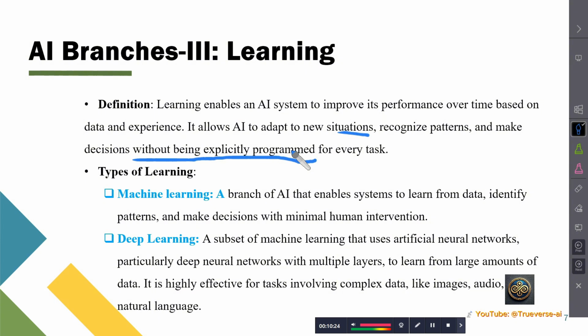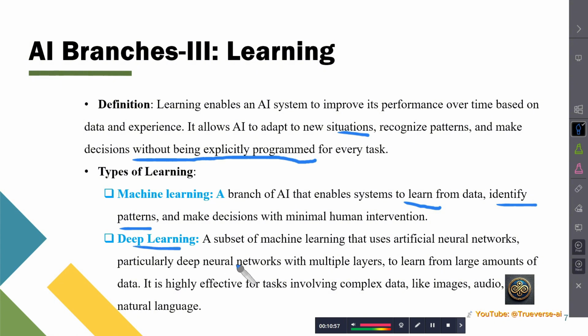So this is the point. The learning is machine learning, deep learning, reinforcement learning. This is the branch of AI. In machine learning, we try to learn from data to identify patterns and make decisions with less interaction with humans.